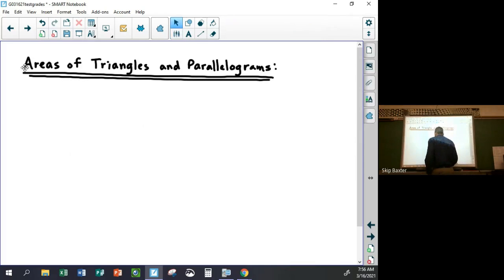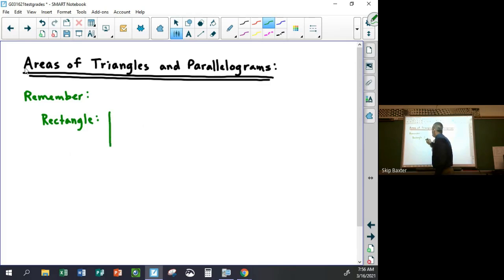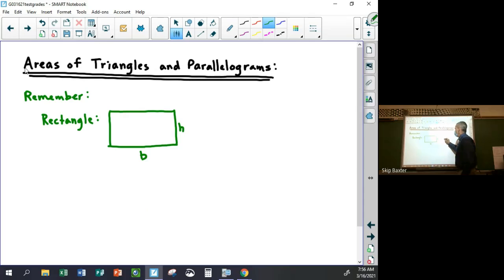So first of all, remember a couple basic shapes here. If you have a rectangle, and this is base and height, then the area equals base times height.